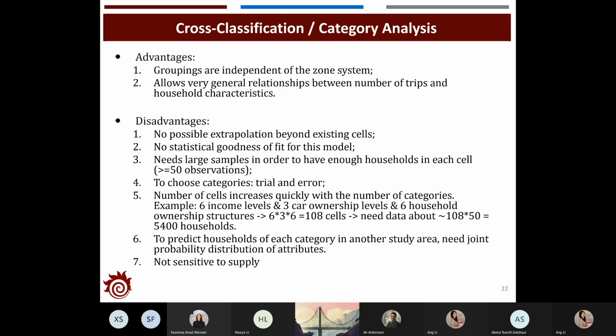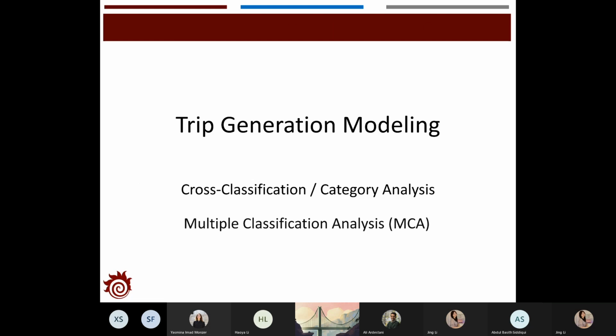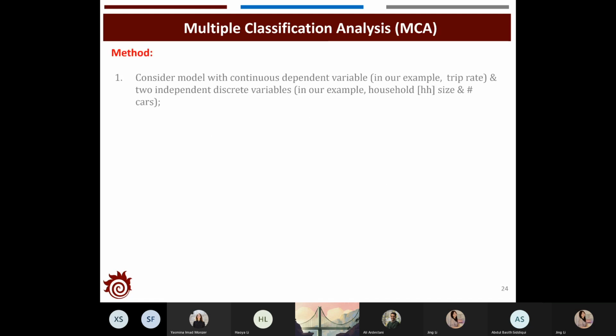Actually, most of these advantages and disadvantages also apply to the next one, the multi-classification analysis method, the MCA method. These two are quite similar. Both of them are very simple, but they have a lot of disadvantages. So for the MCA analysis, the method is quite similar to the one we defined.